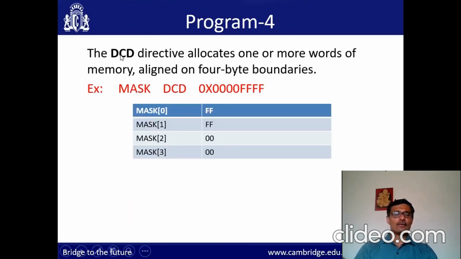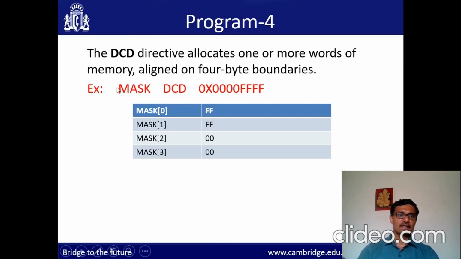In our program, we have used an assembler directive DCD. This assembler directive allocates one or more words of memory aligned on 4-byte boundaries. In this example, DCD is an assembler directive.